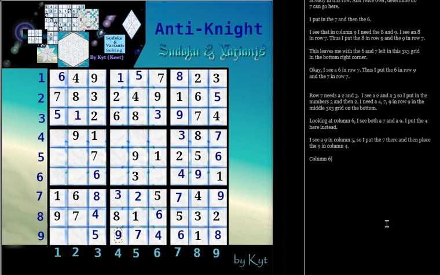Column 6 is missing the 2 and 8. Looking at the rows 4 and 6, I do not see a 2, but I do see the 8.